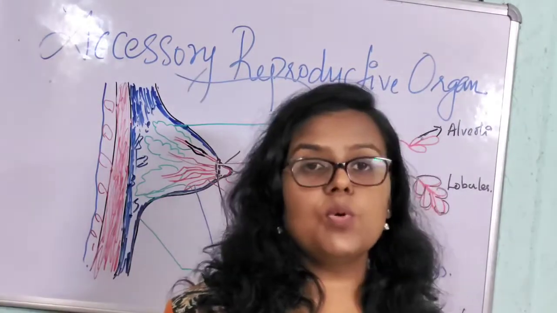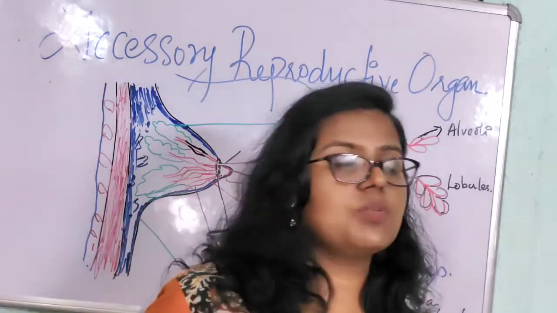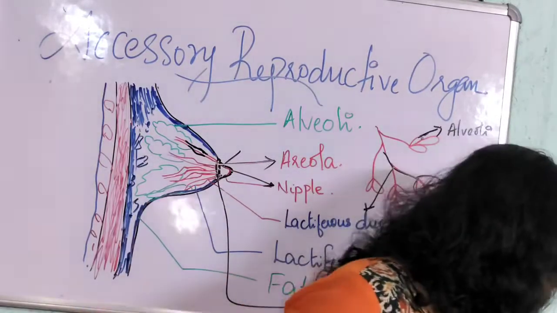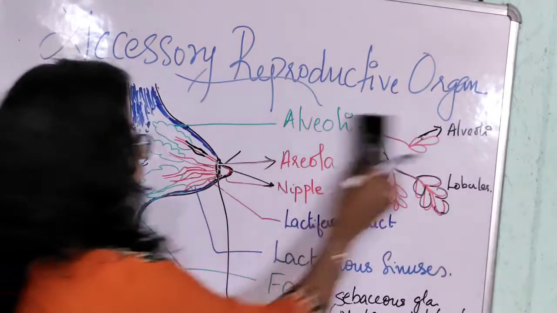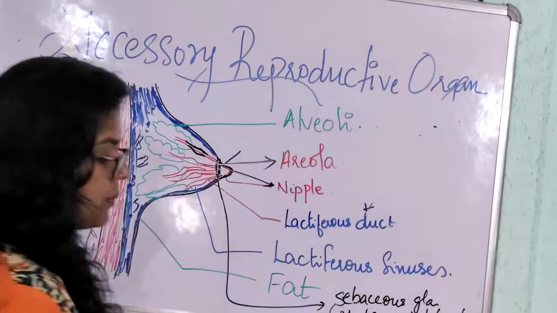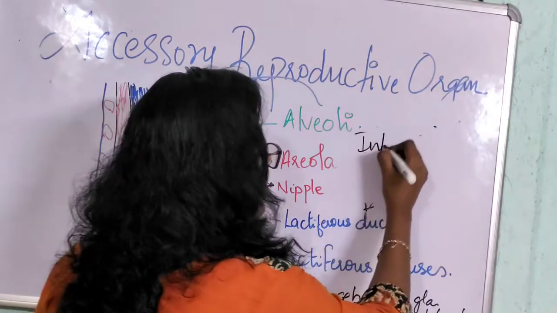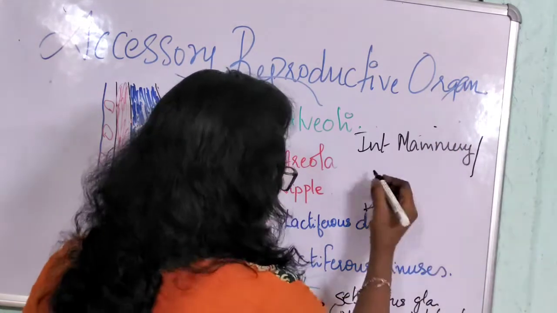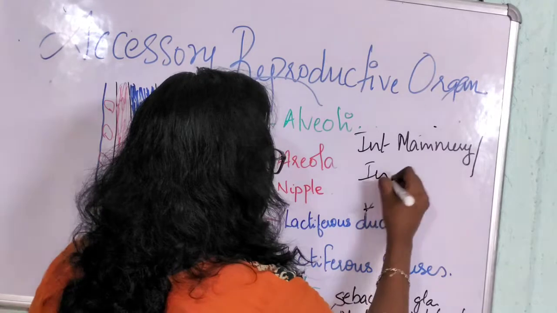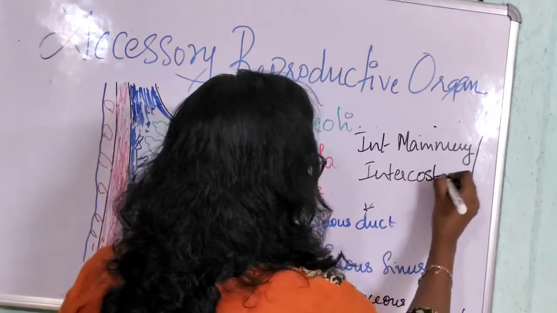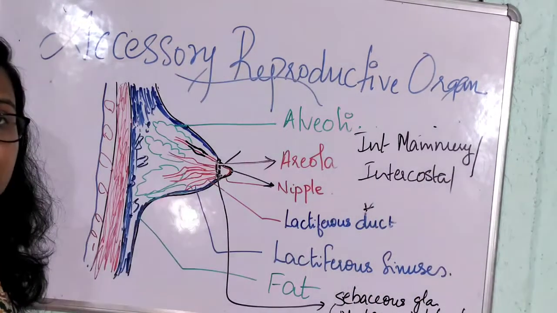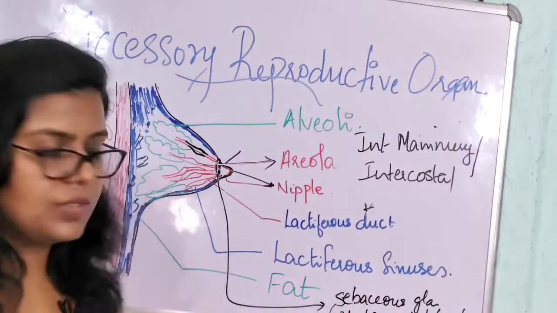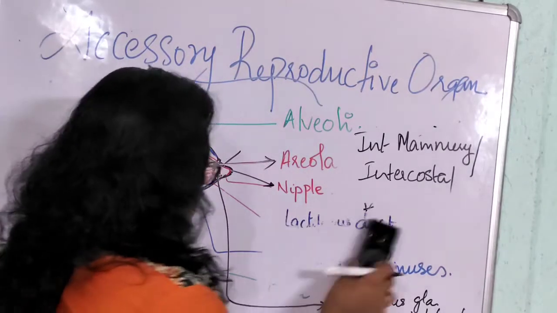Next, moving to the blood supply and the nerve supply. The blood supply is mainly from the internal mammary and the intercostal arteries. Next, moving to the nerve supply.